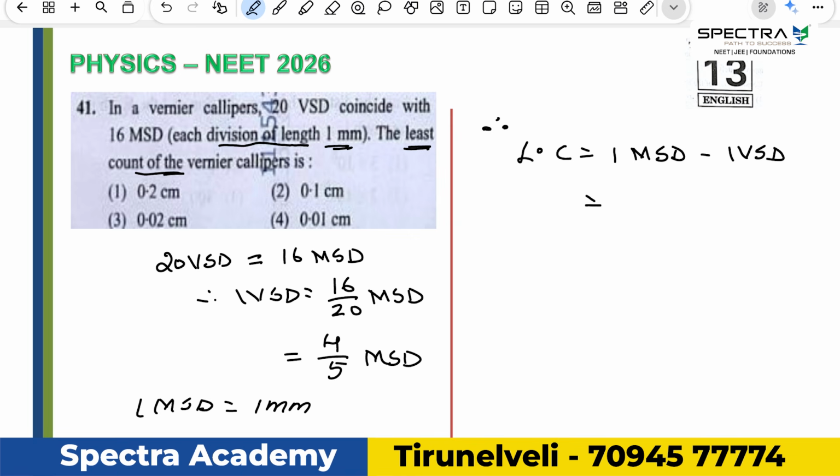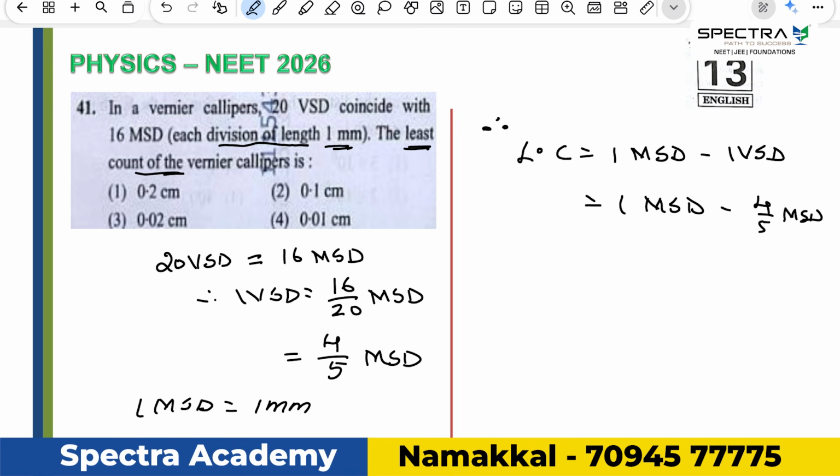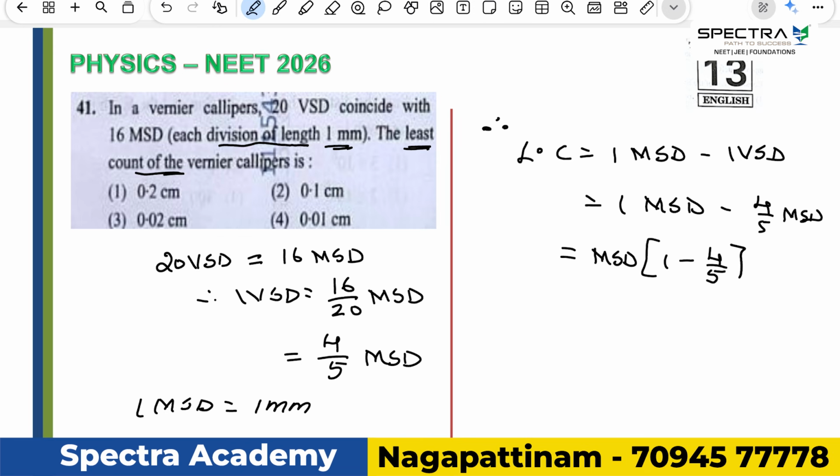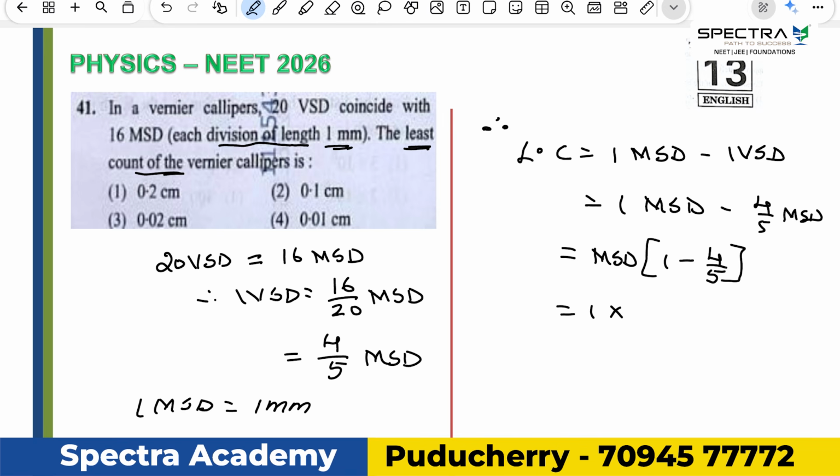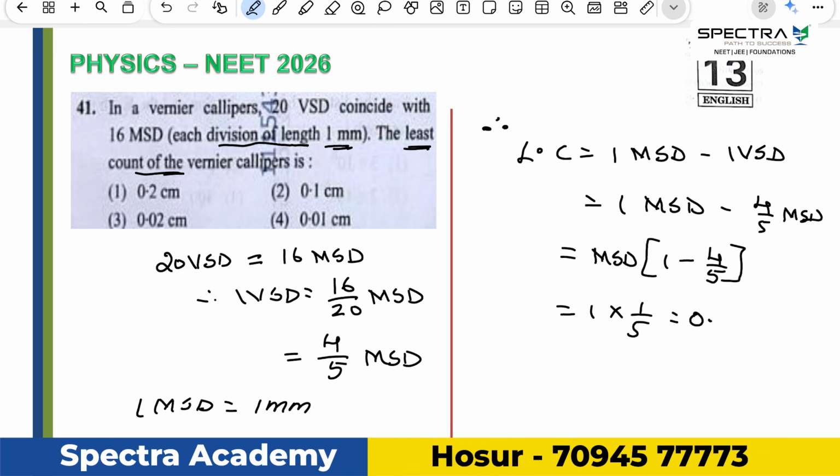So substituting the value, 1 MSD minus 4 by 5 MSD. Take MSD as a common factor. You'll get 1 minus 4 by 5. So you'll get 1 mm into 5 minus 4, 1 by 5, which is nothing but 0.2 millimeter.